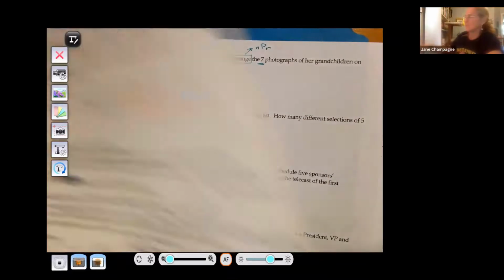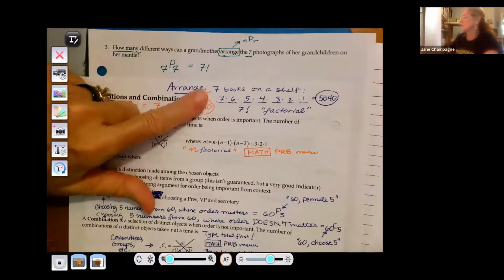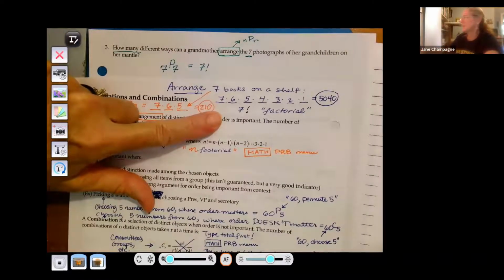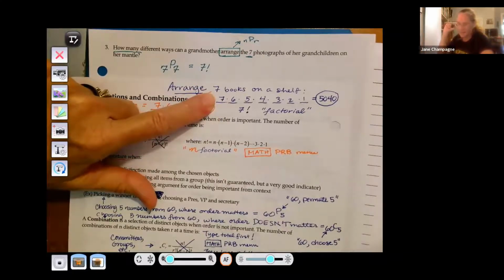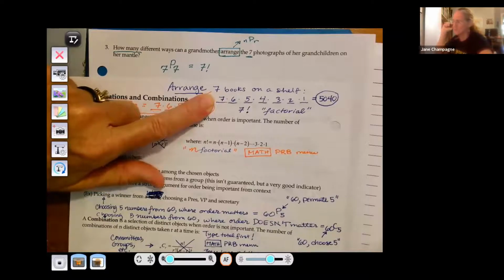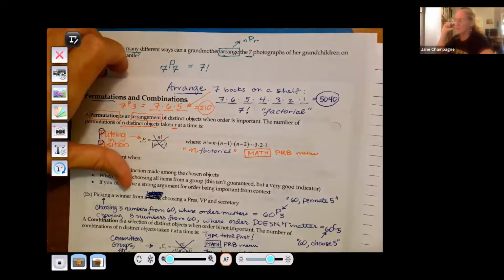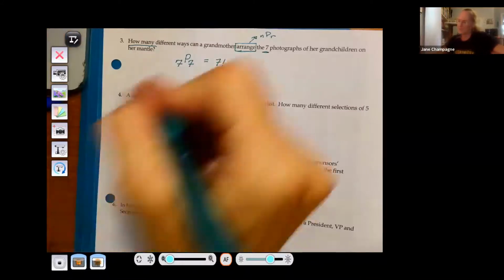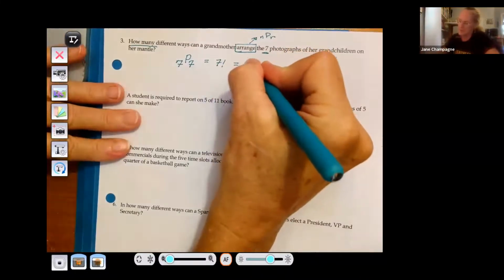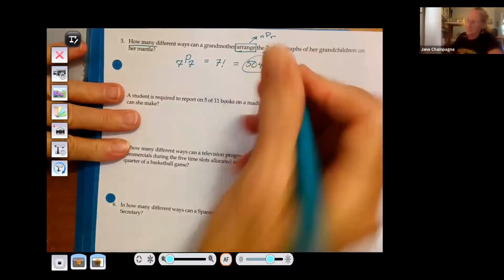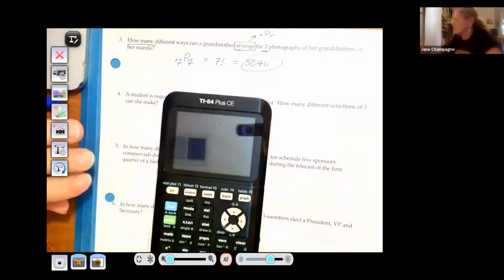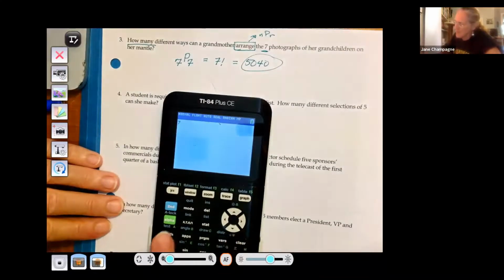When I did arranging 7 books on a shelf, same exact thing. 7 factorial, 7P7 is another way to do that. Or you could actually do it by hand, 7 times 6 times 5 times 4 times 3 times 2 times 1. So 5,040 is the answer for that as well. And to show you the 7P7 works just as well, you go 7, math, probability menu, nPr, 7, 5,040. Same thing.